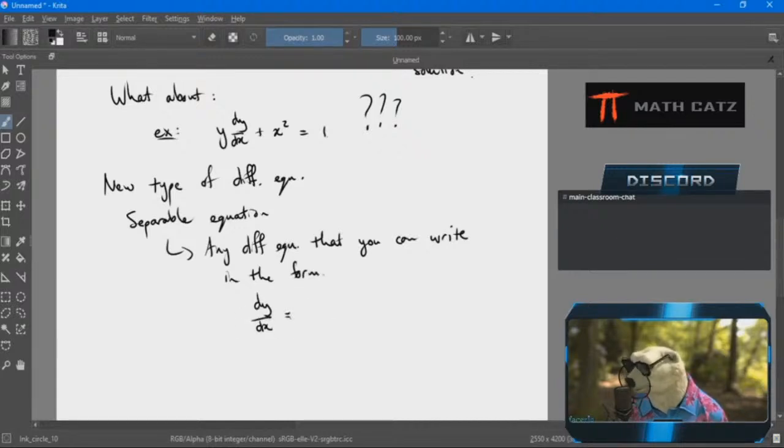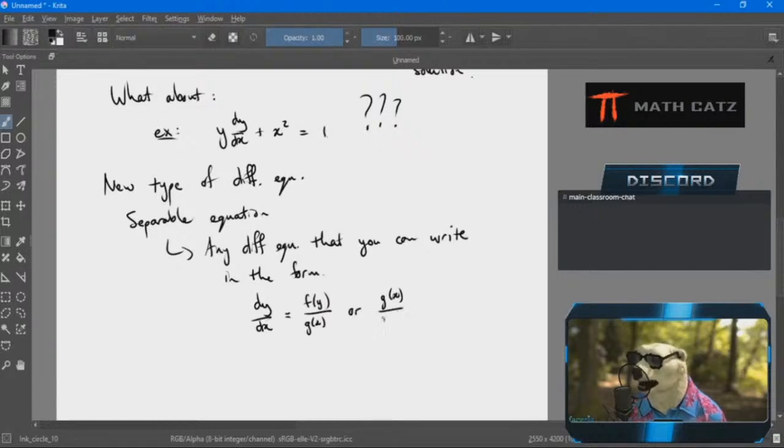And of course, the variables could be different, but the idea is the same. I have a function in y, and I have a function in x, separated by this divider line, to have all the y variables on one side of the line and all the x variables on the other side of the line.